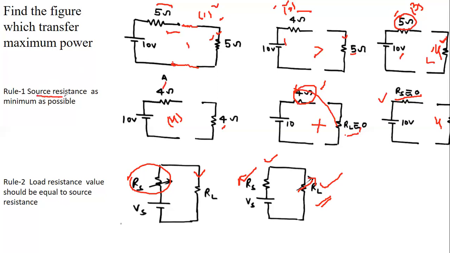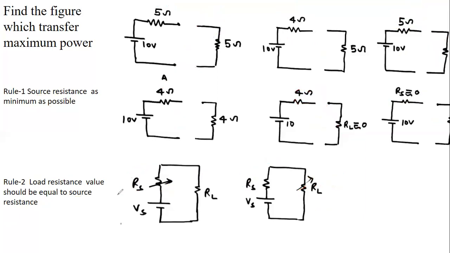First, try to make the source resistance as small as possible, or even 0, if you have control over it. Second, when the source resistance is fixed, make the load resistance equal to the source resistance to transfer maximum power across the load.